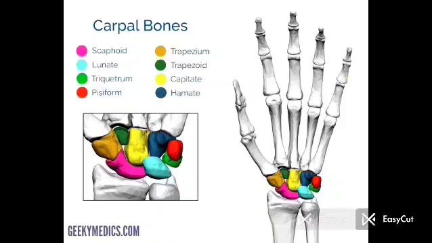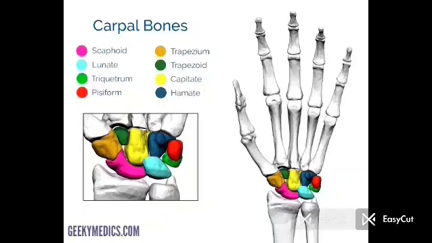Moving forward, let's have a closer look at the carpals. These carpals are the wrist bones and they are arranged in two rows. The first row, or the proximal row, consists of the scaphoid, lunate, triquetrum and pisiform.